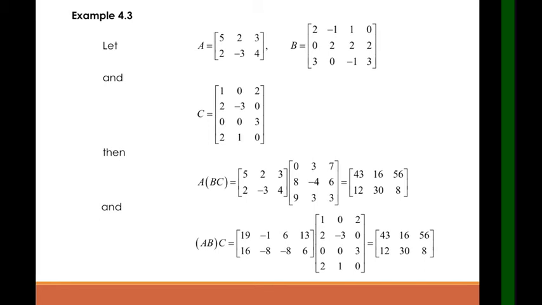Now then, A quantity BC is equal to what? If you still remember PEMDAS, the parenthesis comes first, so BC first. So we will multiply B and C. Don't forget the row times the column.